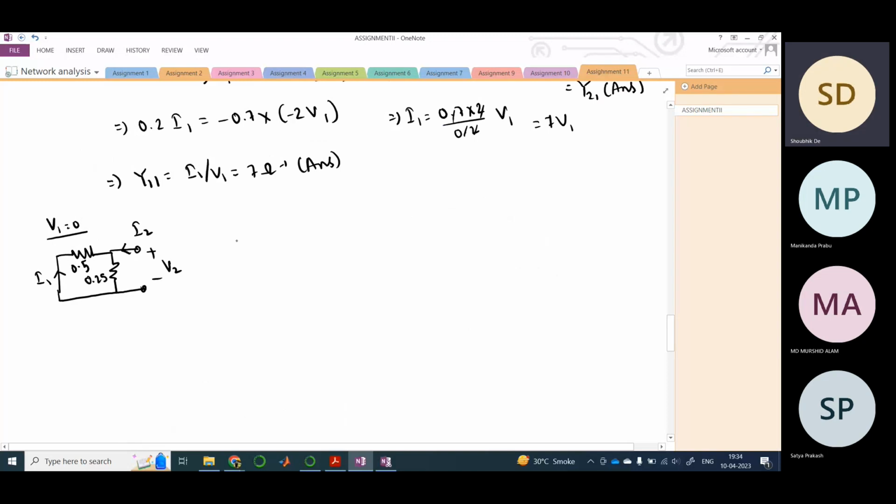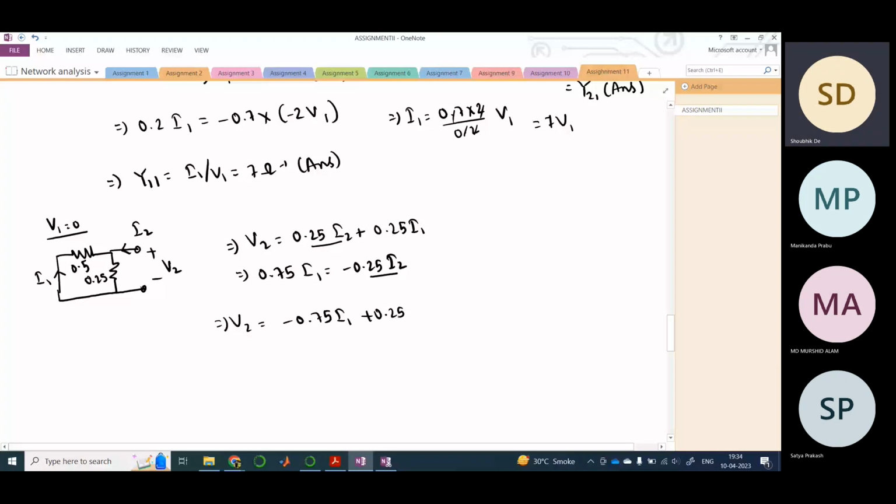Again same thing, KVL. So V2 is 0.25 I2 plus 0.25 I1, and in the second one it's 0.75 I1 equals minus 0.25 I2. So we will just substitute this in this. So this equation becomes 0.75 I1 plus 0.25 I1. So this is 0.5 I1.